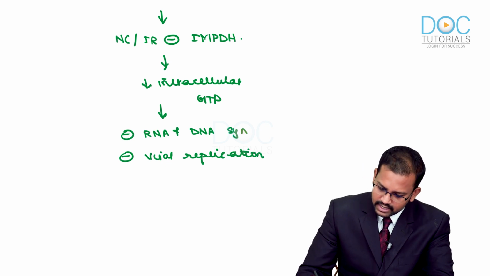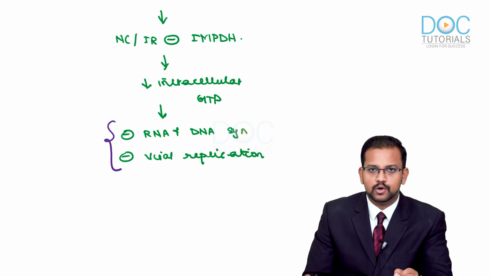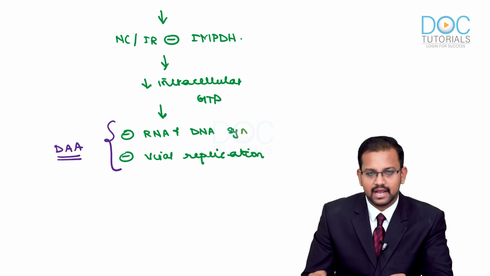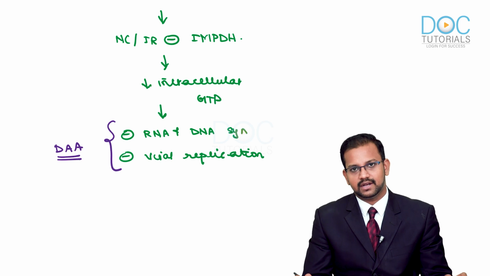As it is blocking RNA synthesis, DNA synthesis and viral replication, Merimpodib also can be classified as a DAA drug. What's the DAA, guys? Directly acting antiviral agent. This is also a directly acting antiviral agent.